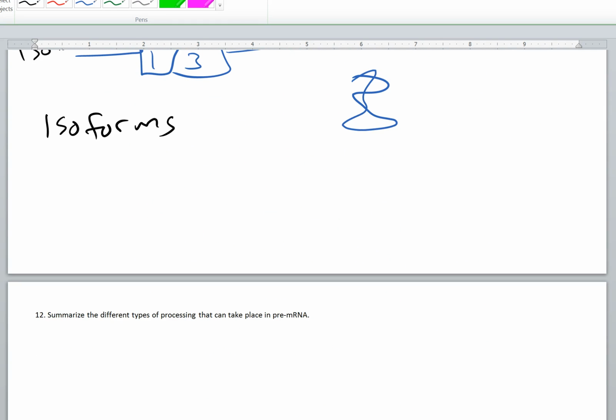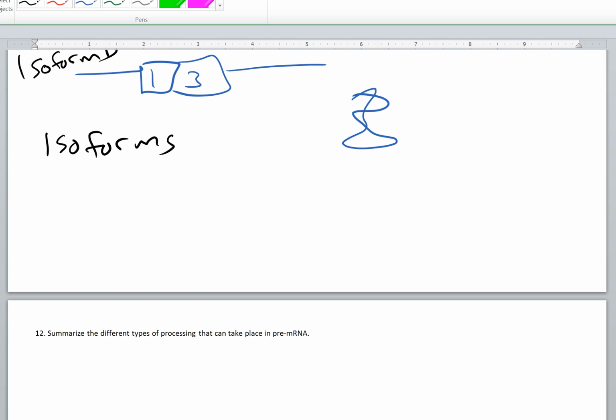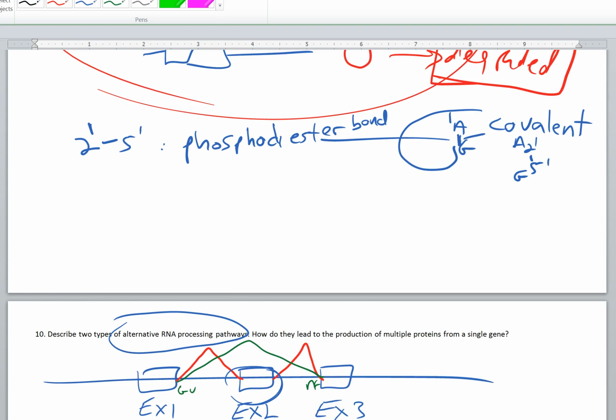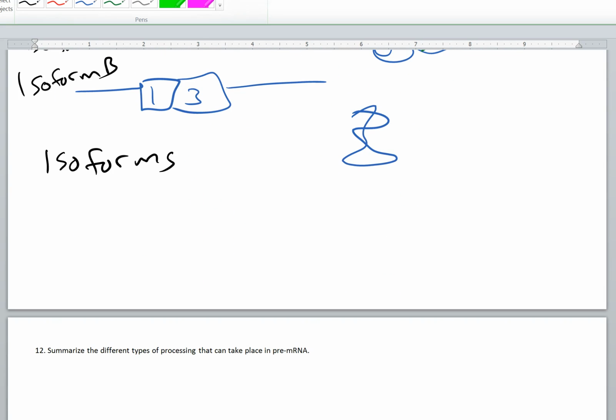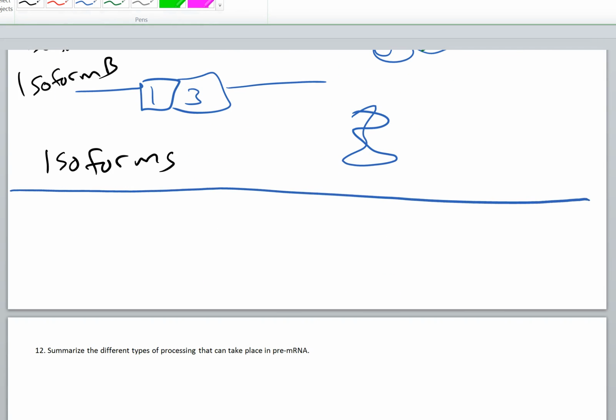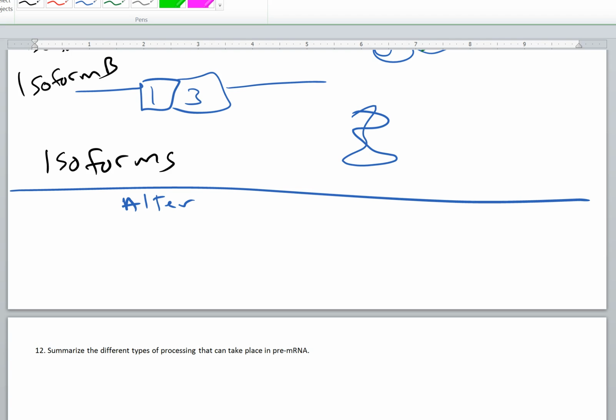So another possibility, another type of alternative processing. Let's see, what do you call this? It's alternative poly A tail addition. Yes, they call it alternative 3' cleavage.